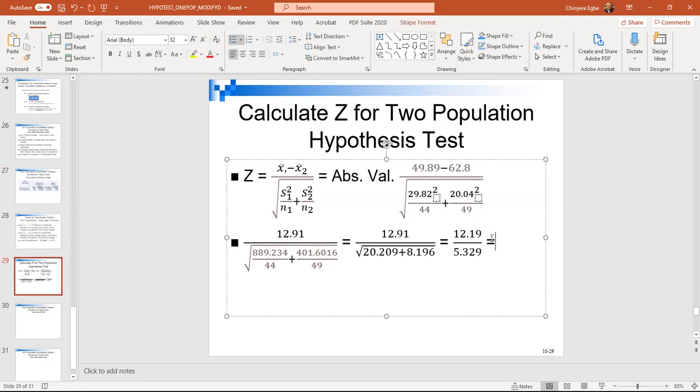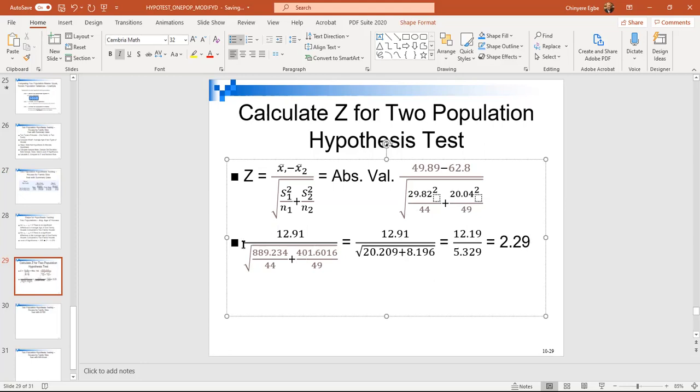So it is 12.19 over 5.32, which is 2.29. So this is our Z.